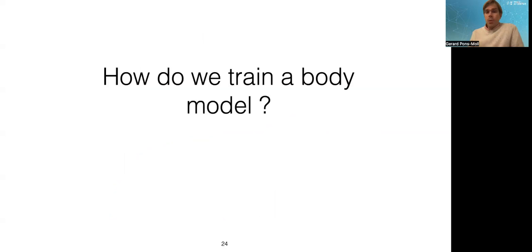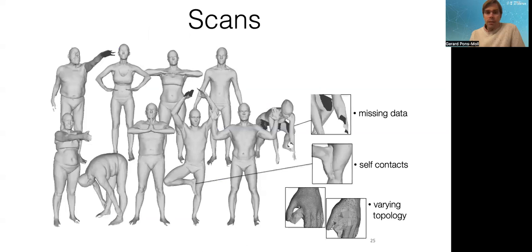Okay, so now comes the question of, I pick my body model, SMPL or SCAPE, or maybe you design a new one. But the question is, how do we train this body model from data? We said, well, we have scans of different people in different shapes and different poses.